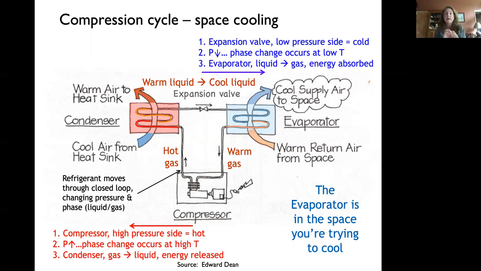Principle number 3, when it goes through the phase change from liquid to gas, it's able to absorb an enormous amount of heat. Now you've got the warm gas, send it through the compressor again, and the refrigerant just keeps going round and round and round between high pressure, high temperature, low pressure, low temperature, going through its phase changes, releasing heat on the condenser side, absorbing heat on the evaporator side.